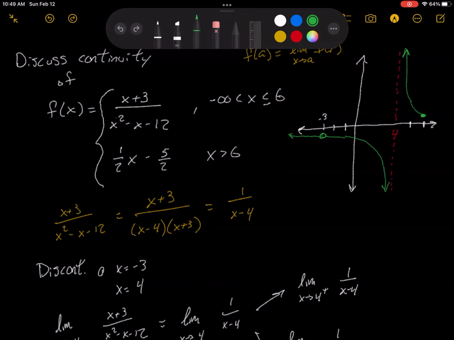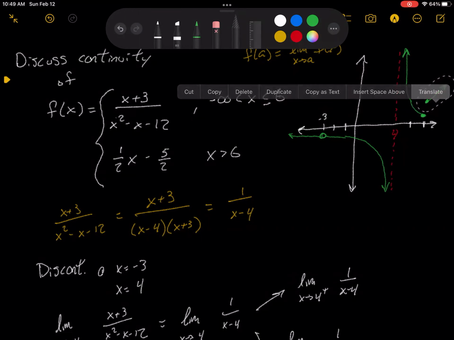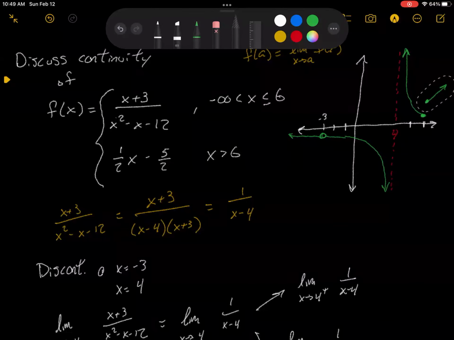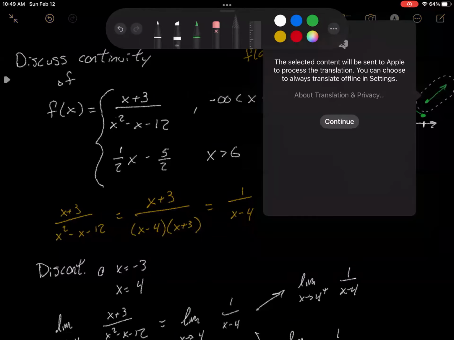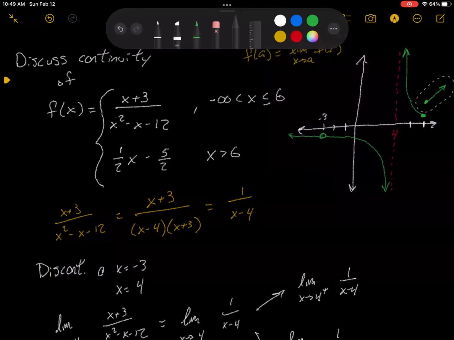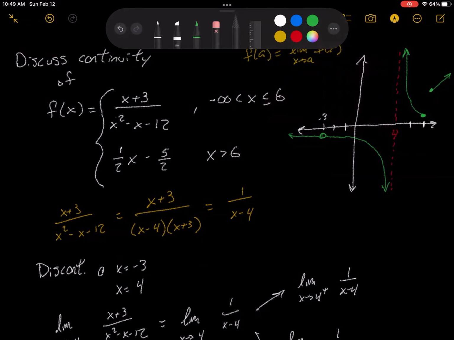Maybe I have this situation where this straight line approaches 6 from the right, and it doesn't give me that 0.5. Right? In fact, in order to make this continuous, I need to move this down to where they agree, where the limit will exist.